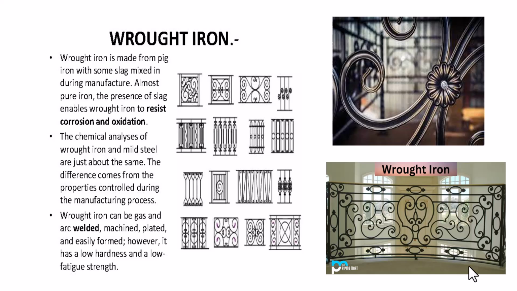Here you can see some figures of the applications of wrought iron. These are called grill works. When the wrought iron undergoes some rusting process, its color changes to a finished brownish color. That is the beauty of this wrought iron. You can see some decorative works in parks, or in old construction buildings.